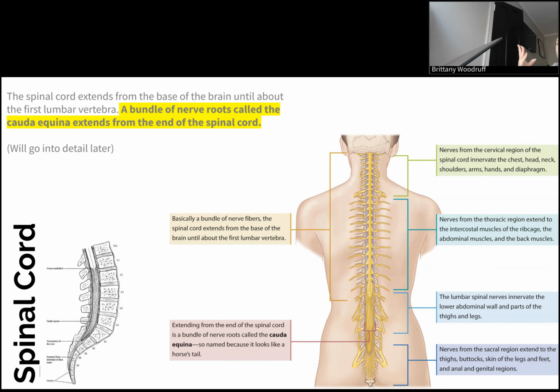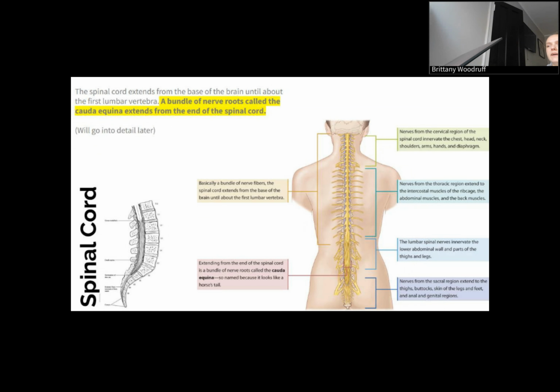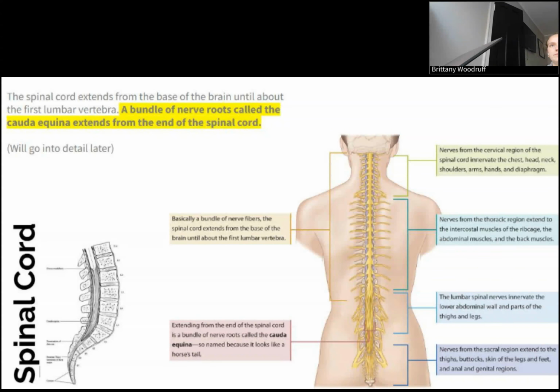So, the spinal cord is like a tight rope of all of these different nerves twisted together until you get down to about your L1 vertebra. When you get down to your L1 vertebra, those threads kind of loosen up, and that bottom part of your spinal cord is called your cauda equina. It looks like a horse's tail, basically.